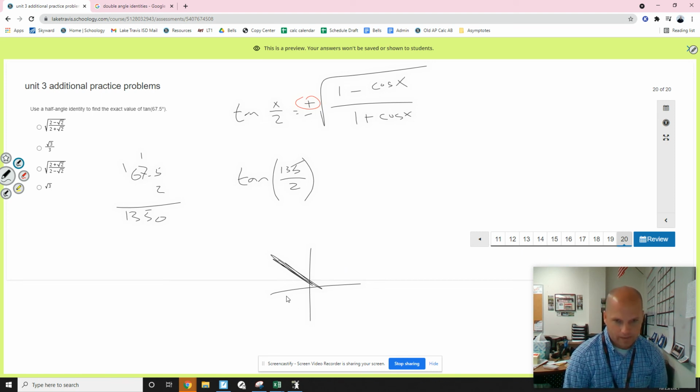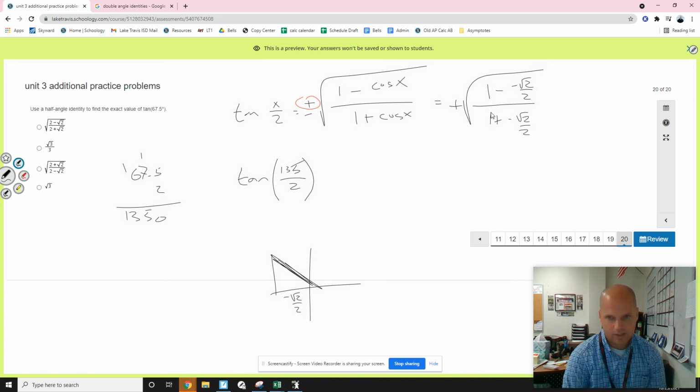Now the cosine is negative root 2 over 2 at this 45-degree reference angle. So I have the positive square root of 1 minus negative root 2 over 2 over 1 plus negative root 2 over 2, keeping track of the signs. Now that's plus a positive. I'll turn these into 2 over 2's to simplify.